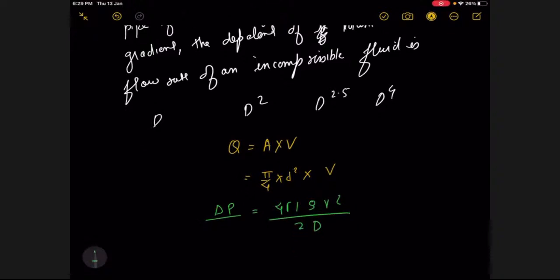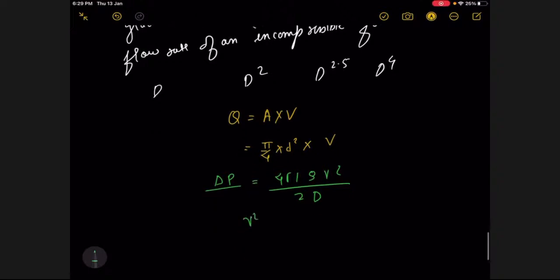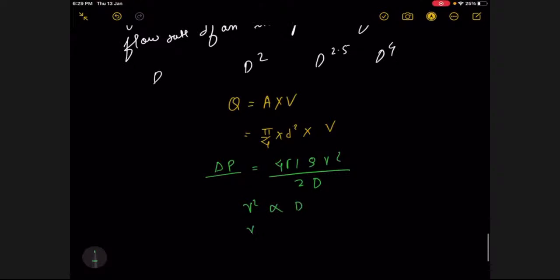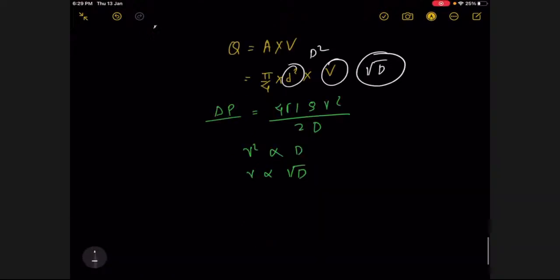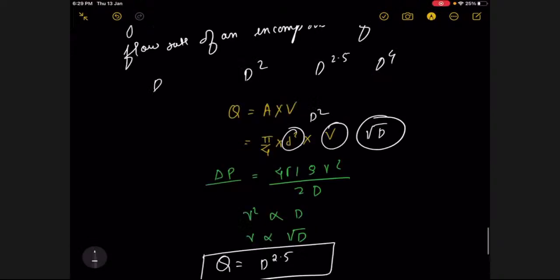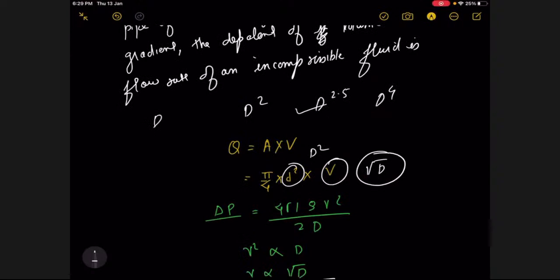So in terms of D, from this formula V square is directly proportional to D. So V is under root of D. So here under root of D will come, and from here it is D square. So it is D to the power 2.5. So here the answer is correct, 2.5.